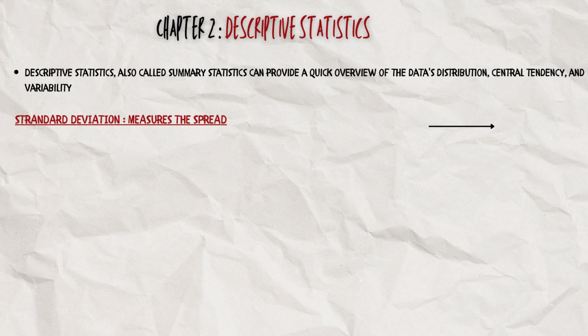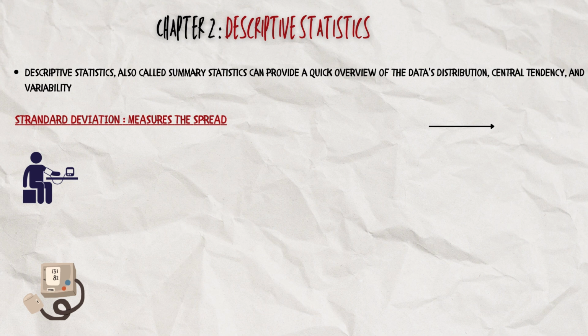Let's take an example. Say you went to a clinic to do a regular health checkup and you notice that your blood pressure is 10 units higher than an average person's blood pressure. Yours is 135 while the national average is 125. Should you be worried?